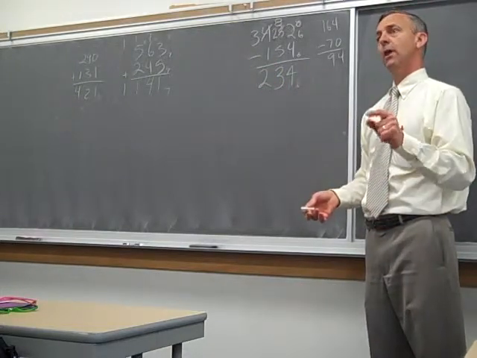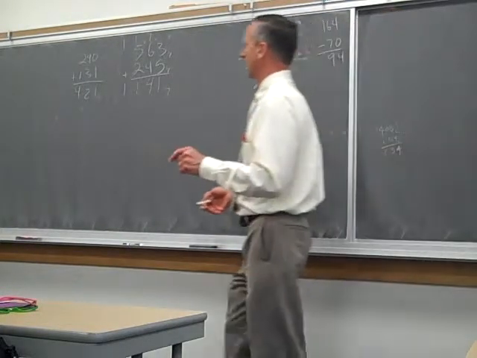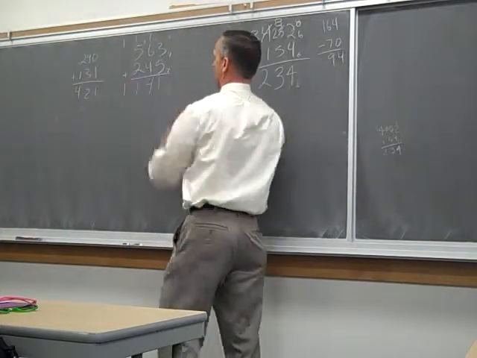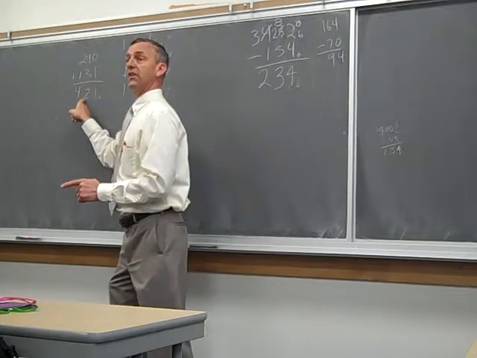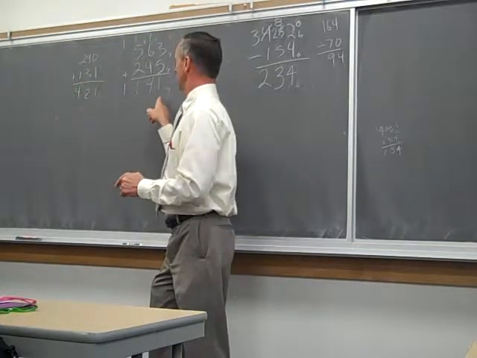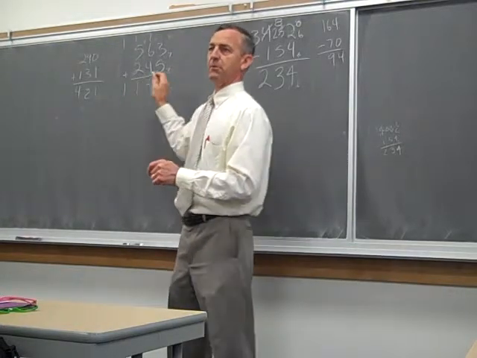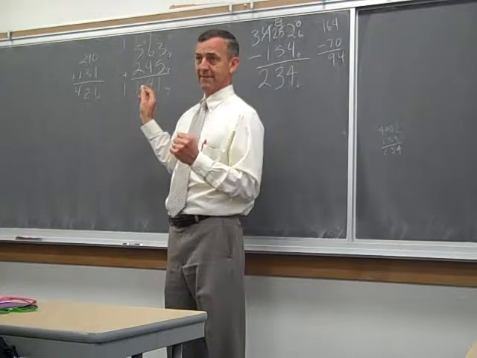Now what I do not want you to do is this. I give you this problem, there's no answer there, you convert this, you convert this, then you turn this back into base 7 and write the answer there. If the problem is worth 8 points, you would get 1 point for that.